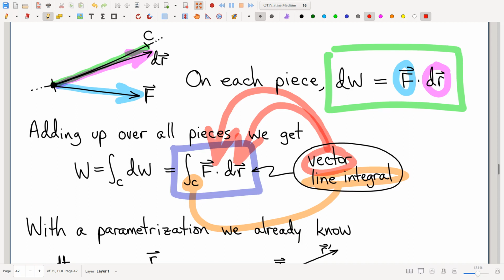We have never seen that before. We've seen the dr vector before, but as an independent thing. We've never seen the dr vector as the differential for an integral before. But it fits perfectly here. Is everybody okay with that?